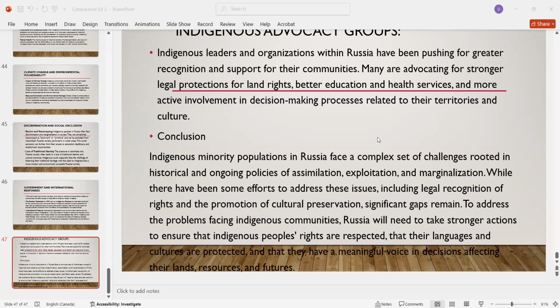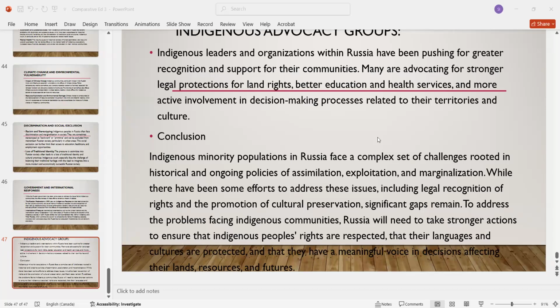So we learned 3 countries, right? US, Australia, and Russia, right? That means language issues. Why are language issues coming? Because of the multi-ethnicity, right? So especially they are talking about minorities, right?